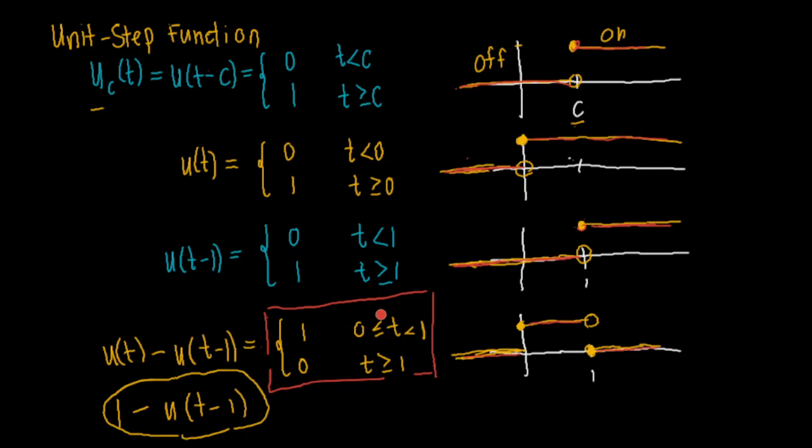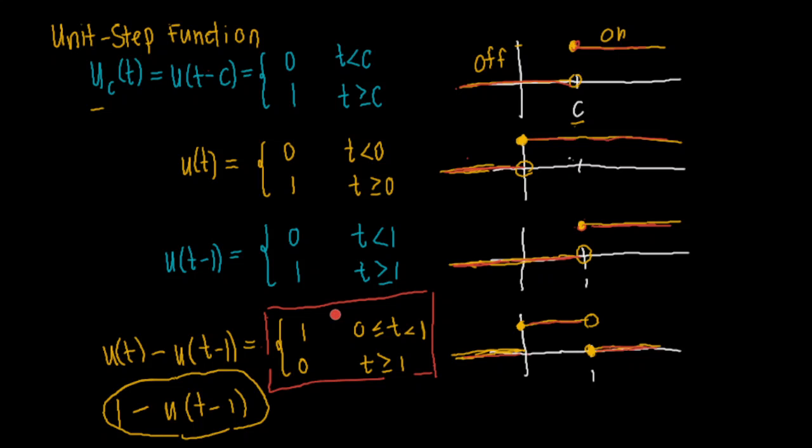We can read this as in between 0 to 1, we have our value 1, and for t is greater than or equal to 1, we have 0 here. That's why this is our new function.